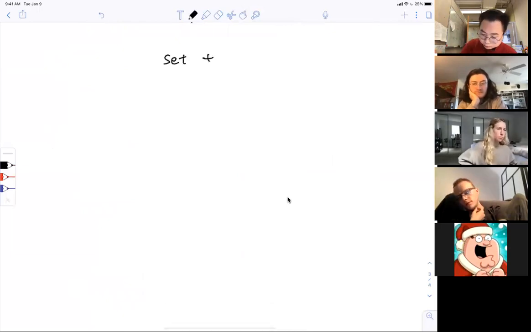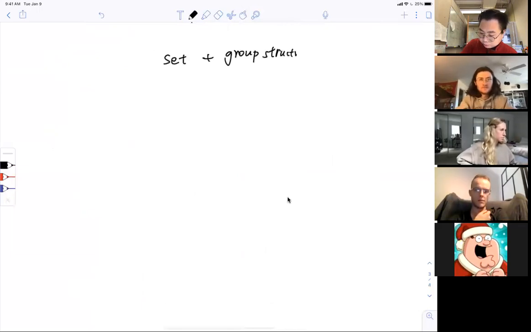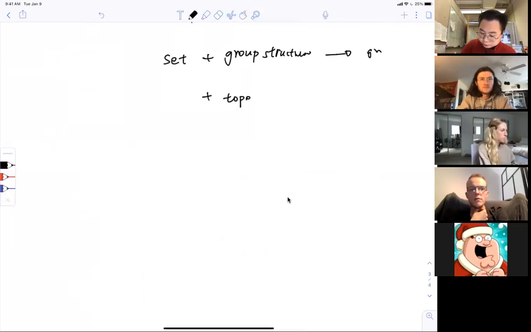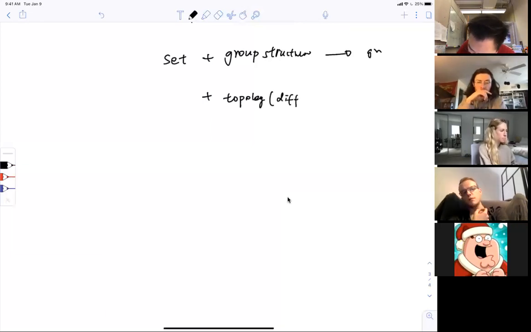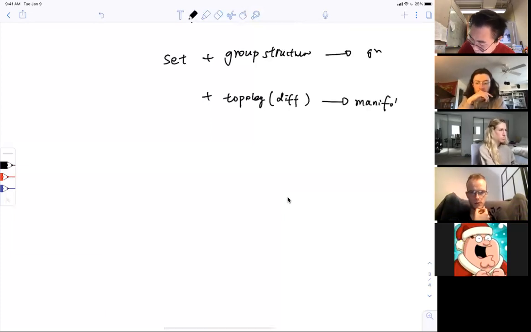You add group structure, this set becomes a group. You add topological structure, you get a topological space, but if you add topological structure and also differential structure, you get a manifold. And now what I'm saying is, if you have both structures, it's a Lie group.